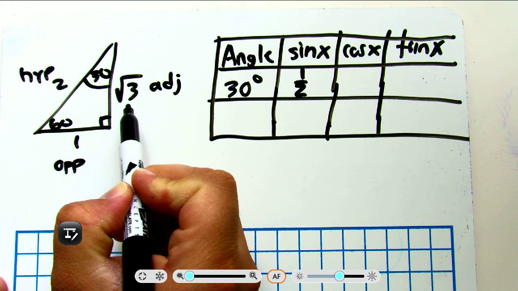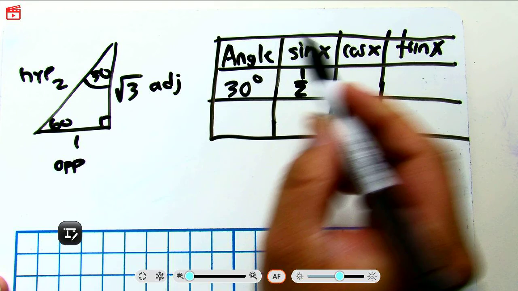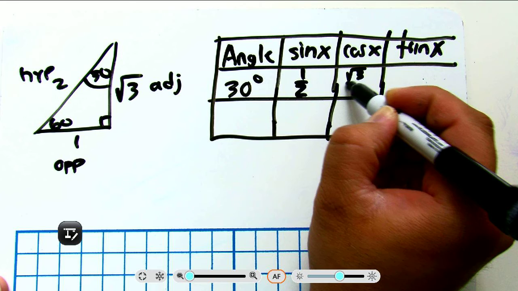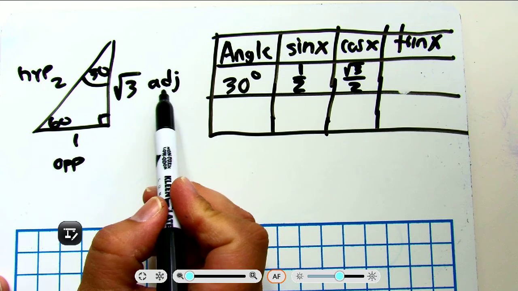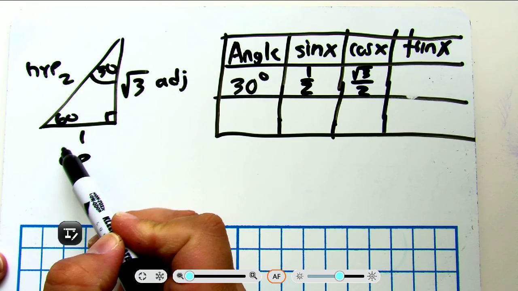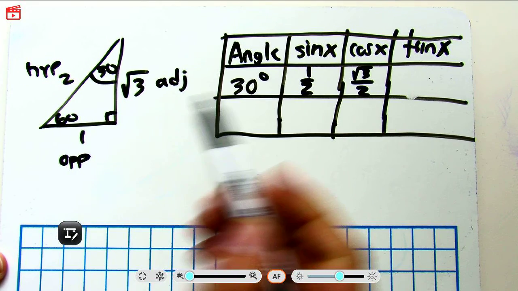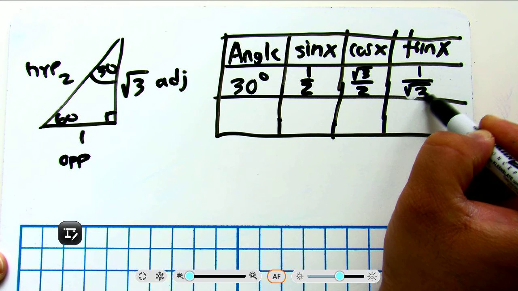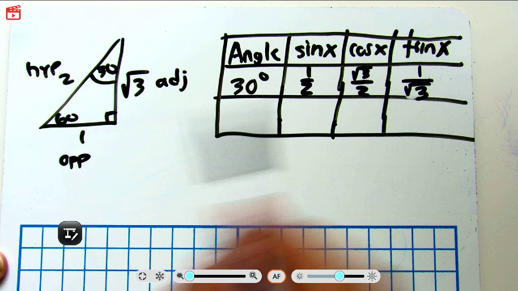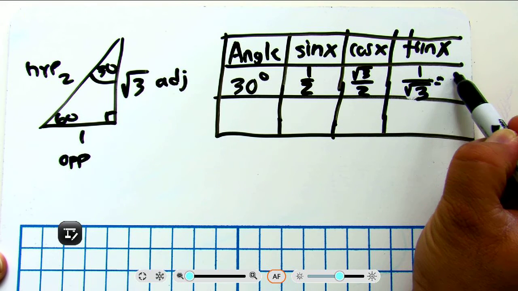So square root 3 over 2. And then the tangent would be the opposite over the adjacent. So you would have 1 over the square root of 3. And if you rationalize the denominator, this becomes square root of 3 over 3.